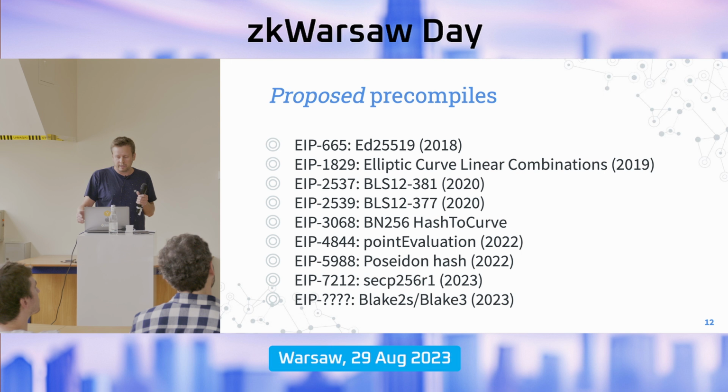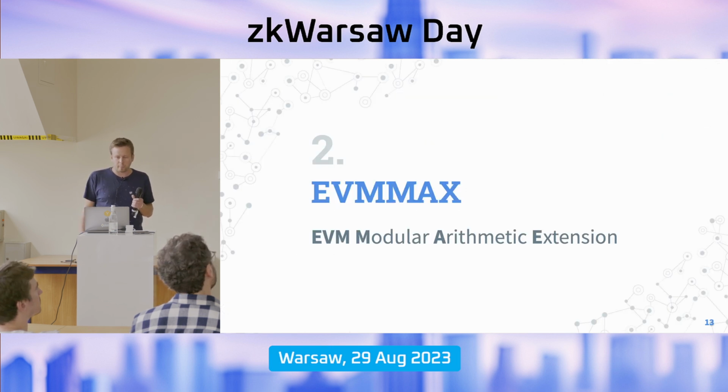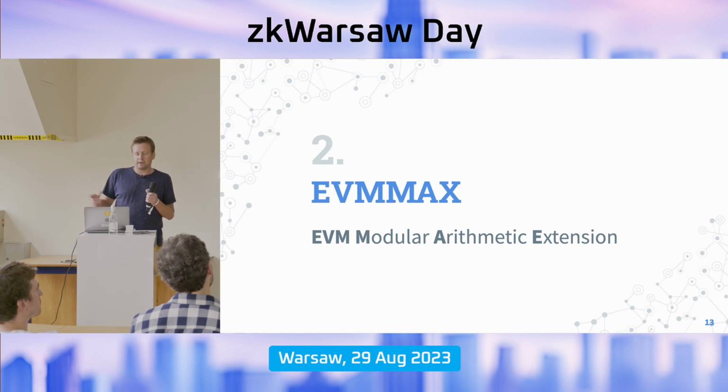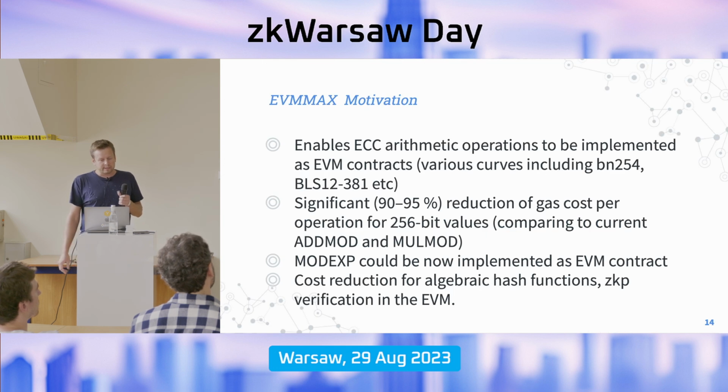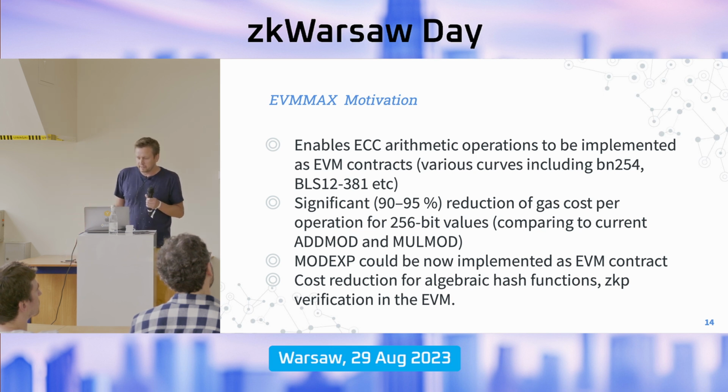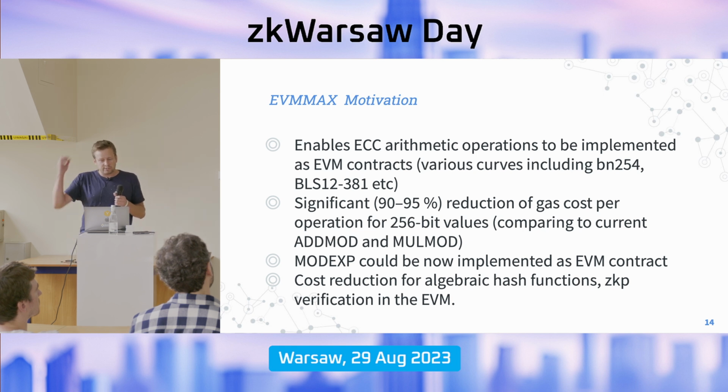And here we come with the Evmmax proposal. As I mentioned at the beginning of this presentation, Evmmax is the Ethereum Virtual Machine modular arithmetic extension. So let's present a couple of motivations we had when designing and specifying this. One motivation is the general problem with the precompiles I already mentioned.